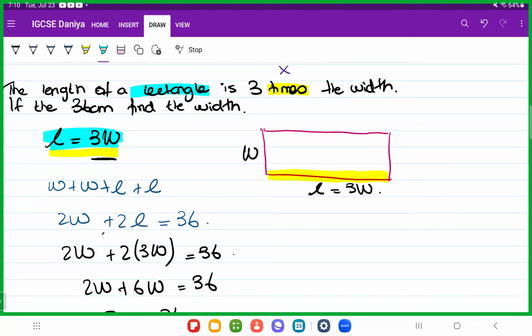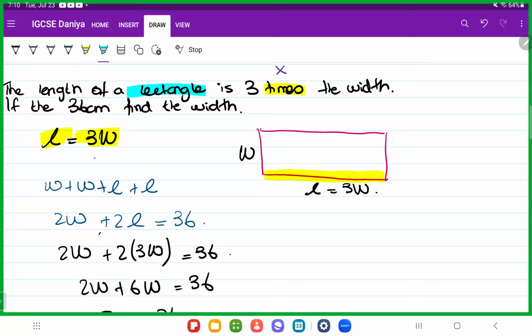So the question says the length of a rectangle is 3 times the width. So this equation came from that. Basically, I said length is equal to 3 times the width. Then they have given me the perimeter. As soon as I see that they have already given me the perimeter, I would write down the equation of the perimeter and equate it to 36.